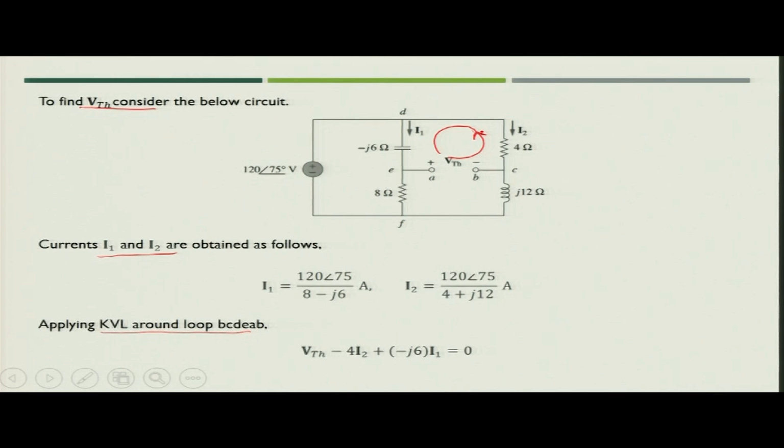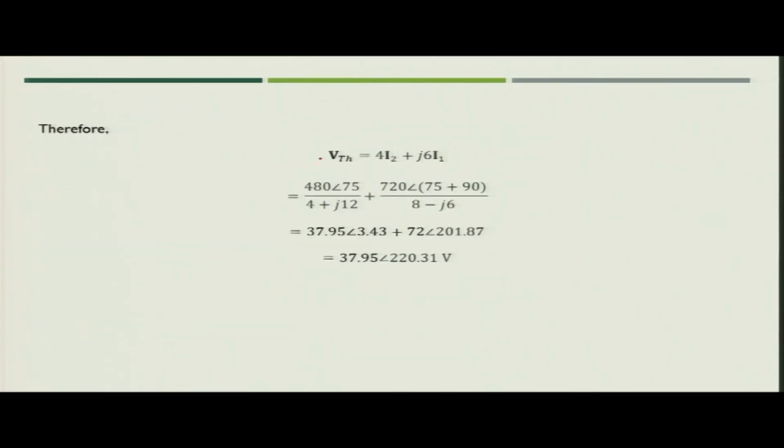So, in that case, what we can write? VTH minus 4 I2 plus J6 I1 equal to 0, and then if you solve, VTH will become 4 I2 plus J6 I1. Now, I1 and I2 you have already calculated. When you place the values of I1 and I2 and solve it, you get the value of VTH.